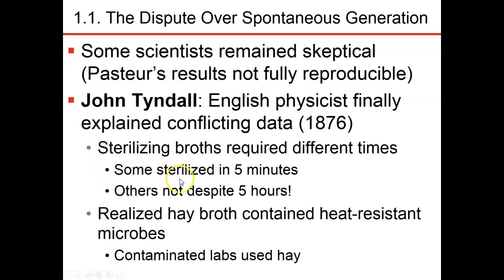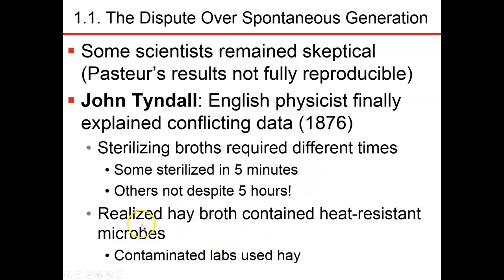was that the sterilization time was different for different types of organisms. There were organisms that you could boil the broth for hours and hours and the organisms wouldn't die. There were other broths that if you boiled for 5 minutes, the organisms were all dead.